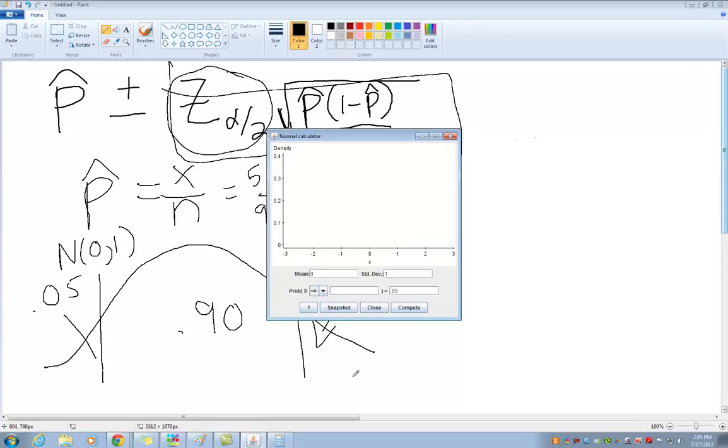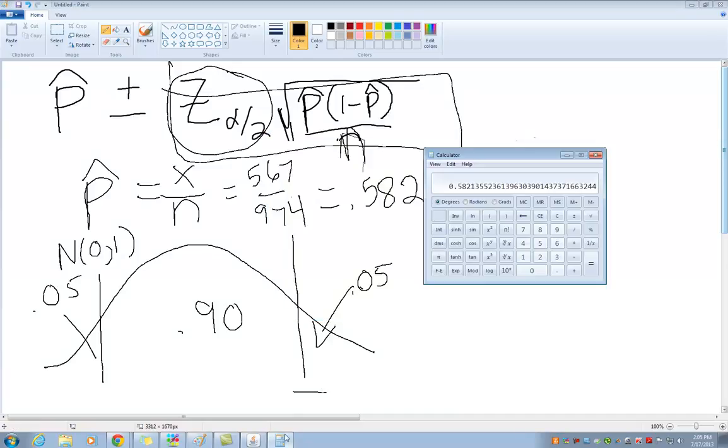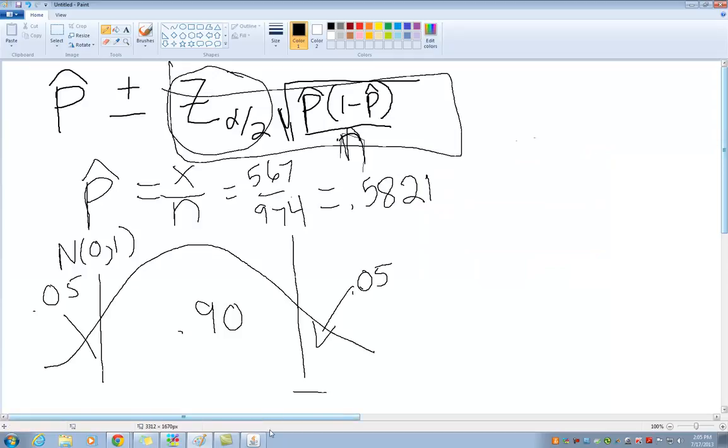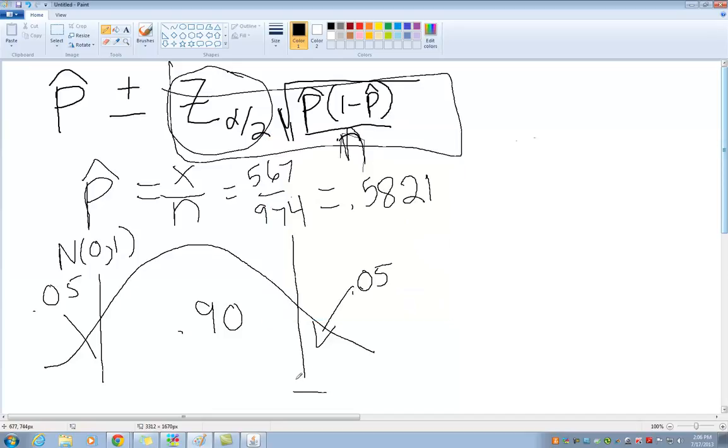What value of Z makes that happen? I entered the wrong thing here. Never mind. Okay, normal calculator. The value of Z that makes that happen is 1.6448. And so I will call it right now 1.645. Okay, so that's our Z.